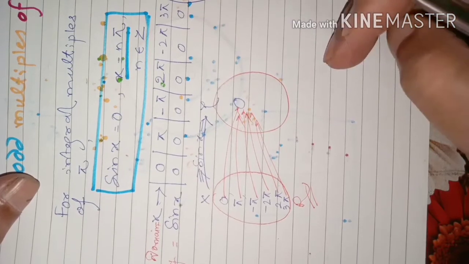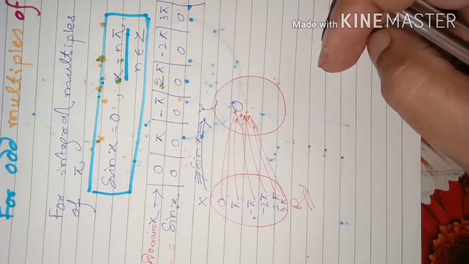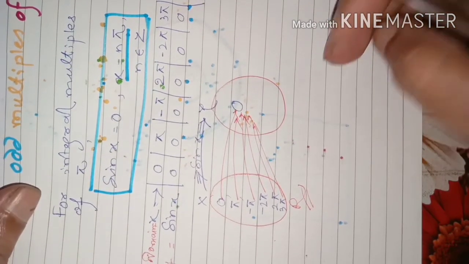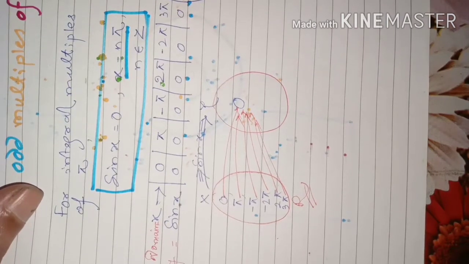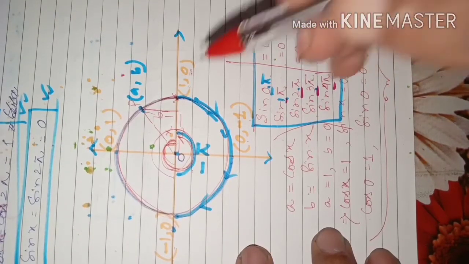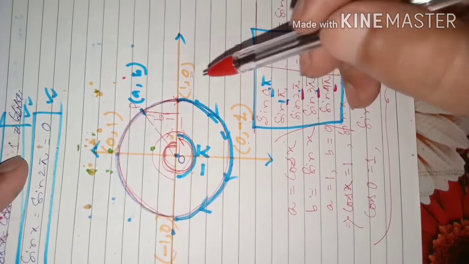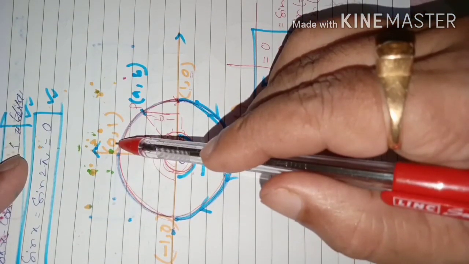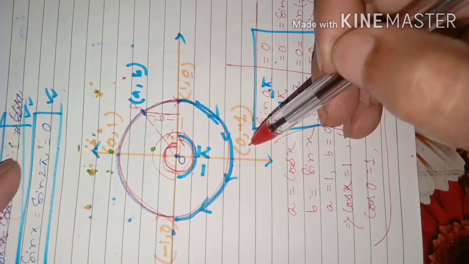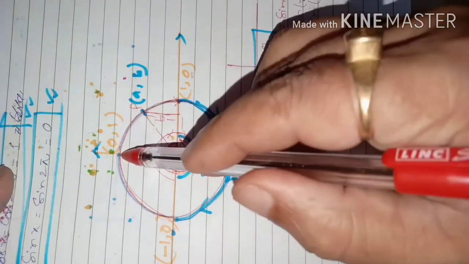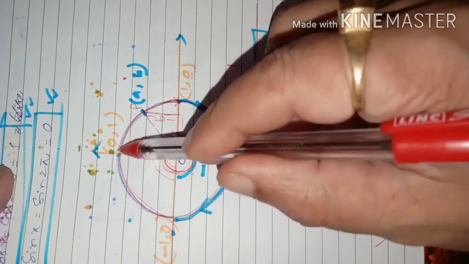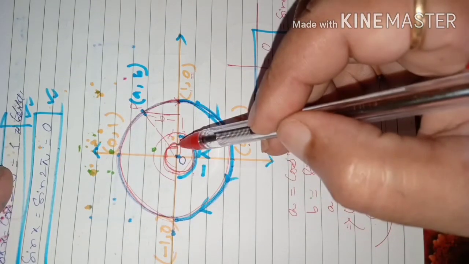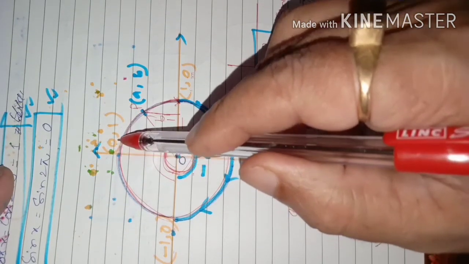Now you see, if we talk about cos, what is the behavior of cos? Cos is 0 where and where, just you see. Cos is 0 here and cos is 0 here. When this arc subtends an angle pi/2, that means cos is 0.